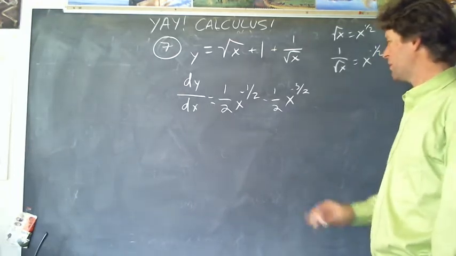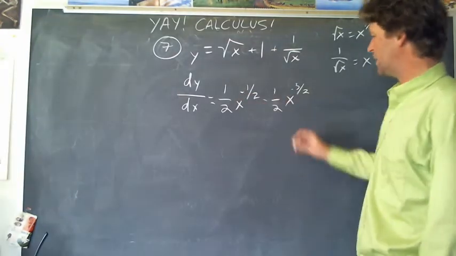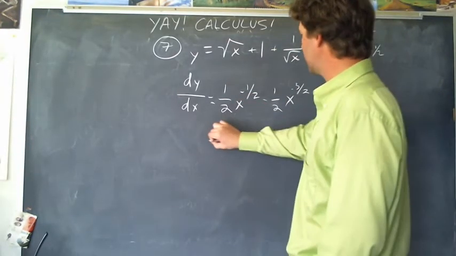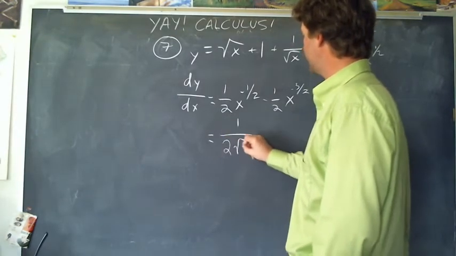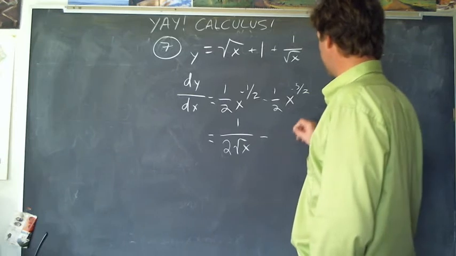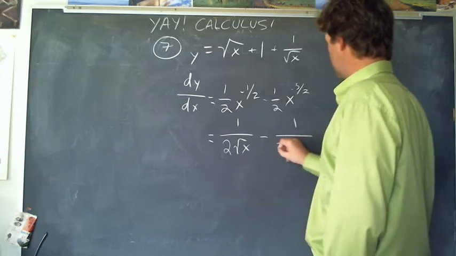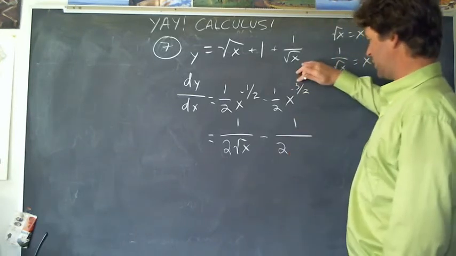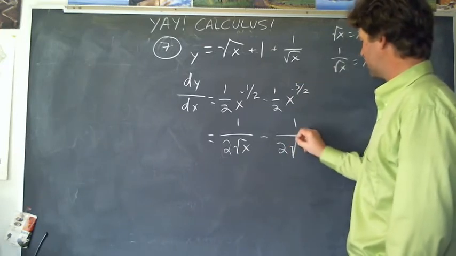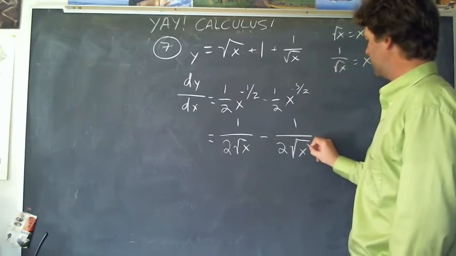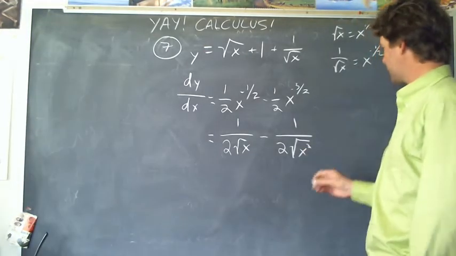Derivative's done, but let's clean this up a little bit. Let's make this 1 over 2 radical x minus 1 over 2. So the 3's up top, so that's cubed. 2's down the bottom, so that's square root. So that's the square root of x cubed.